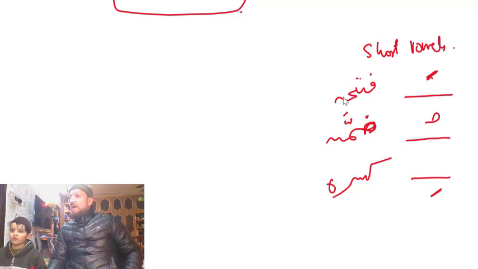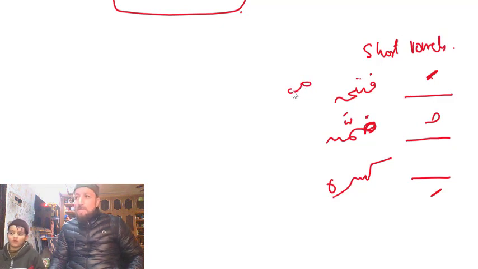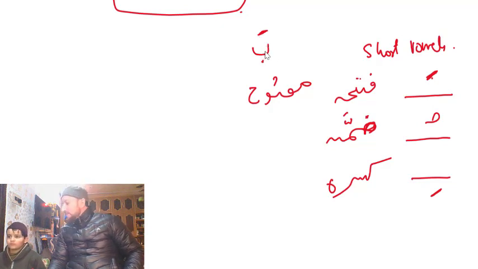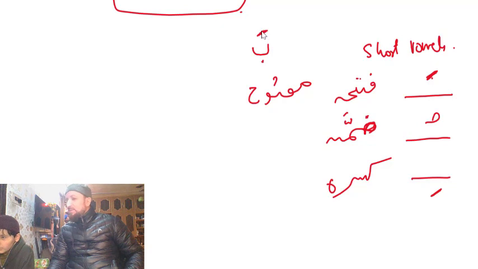And if a consonant has a fatha on it, it is called maftuh. For example, we have a ba, and we have a fatha on it. Now this is ba fatha. Firstly, the ba is a consonant. It has a vowel on it, and itself it's mutaharrik because you got a haraka on it.